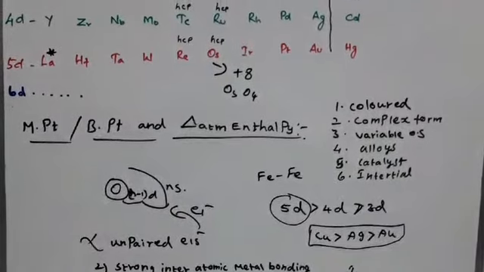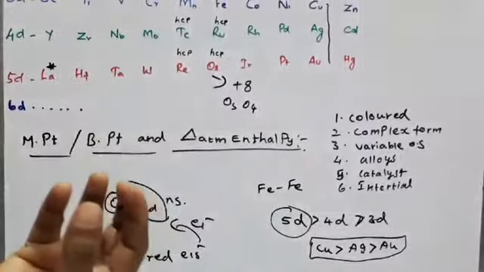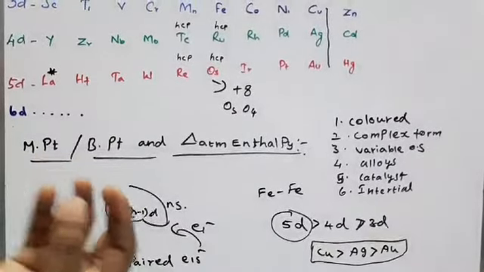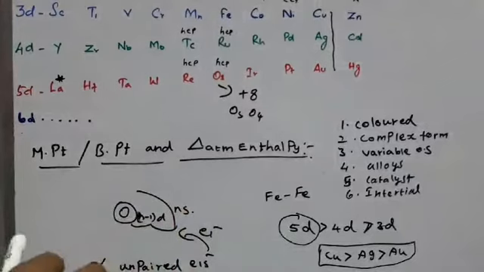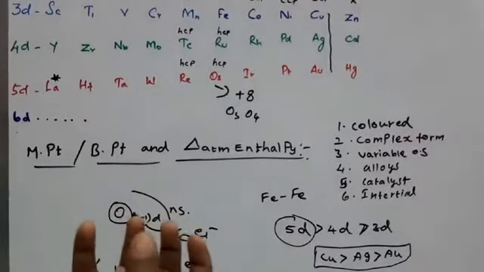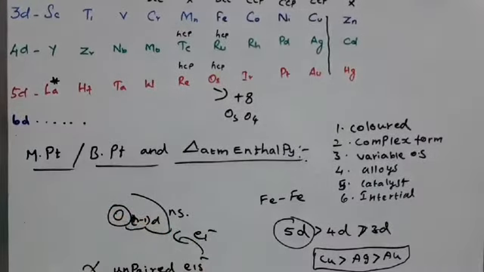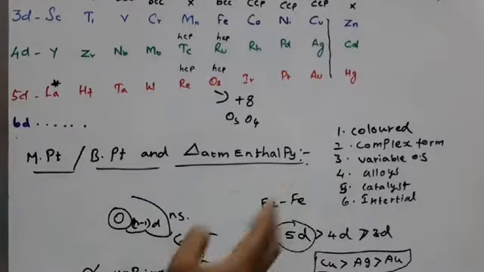And why are alloys formed? Because of the smaller size, atoms easily fit from one element into another to form new mixtures, homogeneous or heterogeneous.